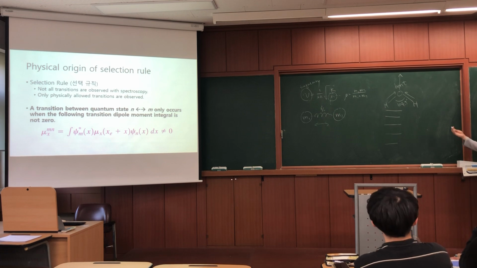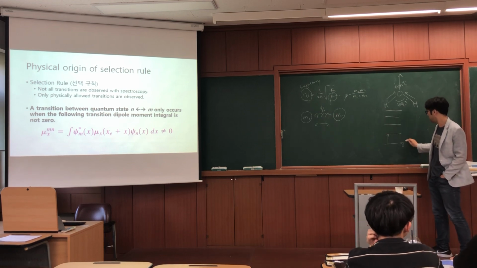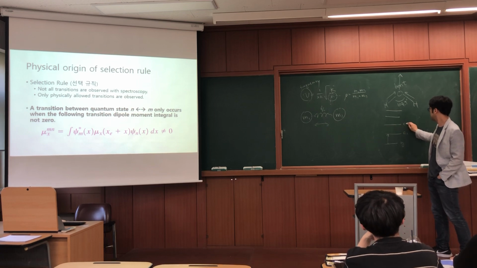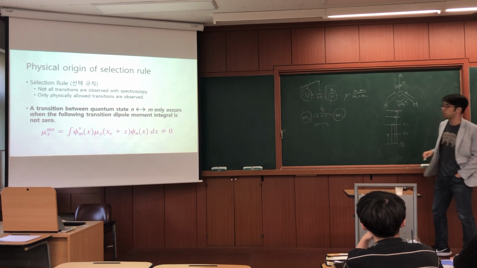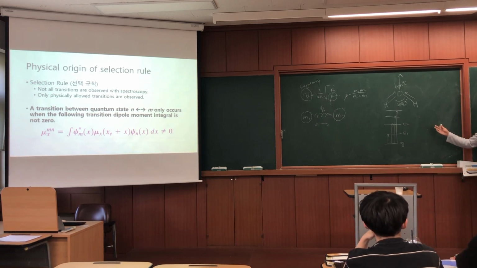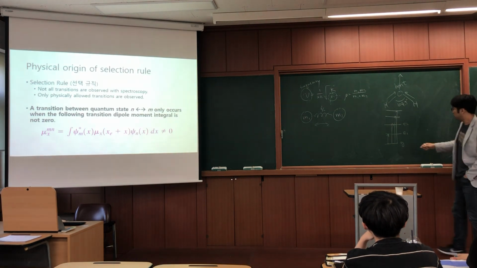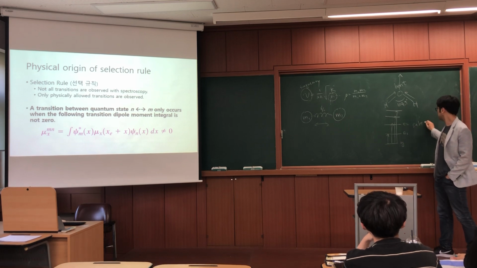So let's say this is the ground state, this is the first excited state, and this is the second excited state. We can think about many different transitions, but not all transitions are observed by spectroscopy. And that is generally called the selection rule.